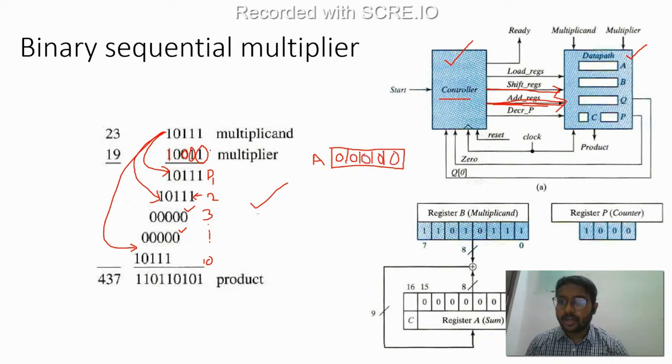Okay, so if your multiplier bit is 1, you add these both. That is what we did here, right? The partial product 1 is just the multiplicand. You add these both, and this is 0. This is again 0 0.